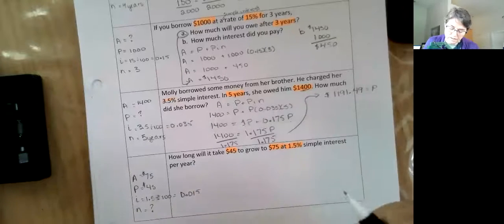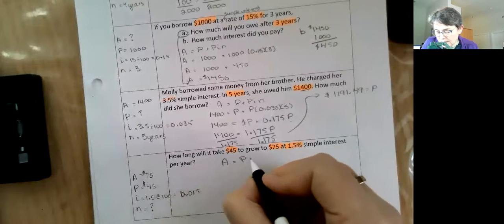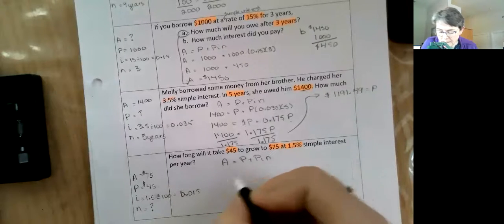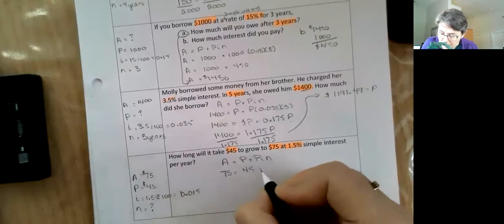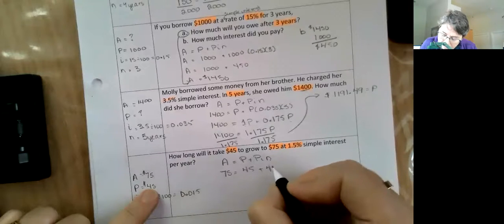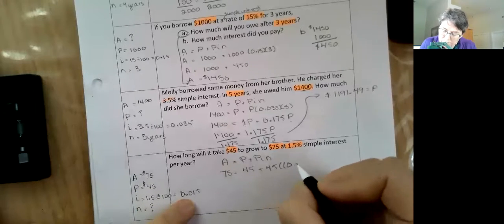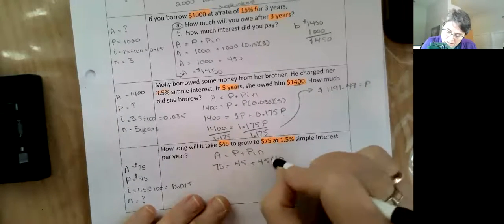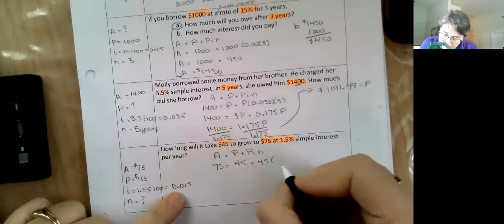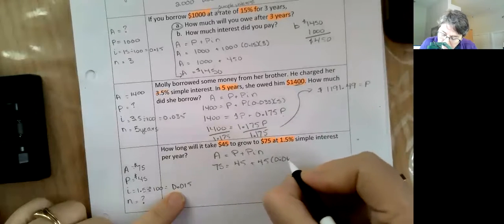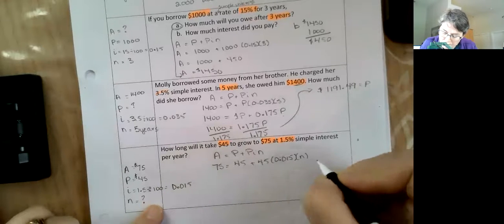All right, everything's there. A equals P plus PIN. 75, plug it in, plus P is 45 times I, 0.015, times N, which we don't know.